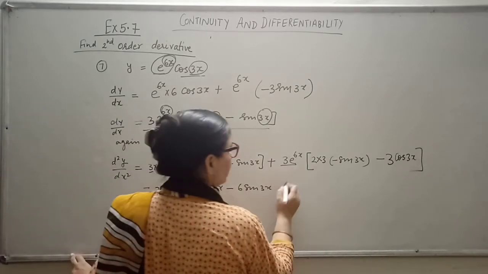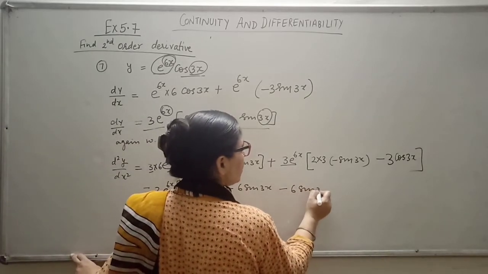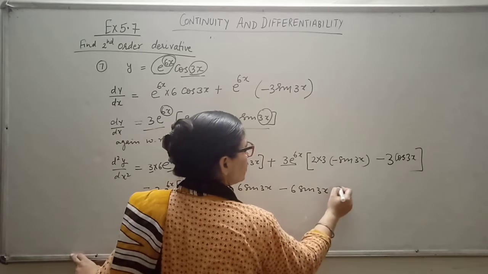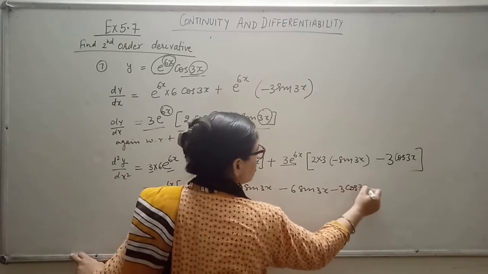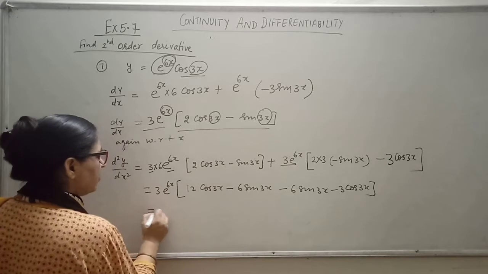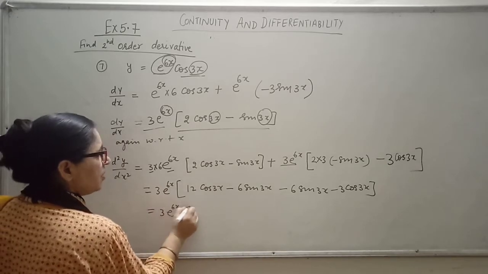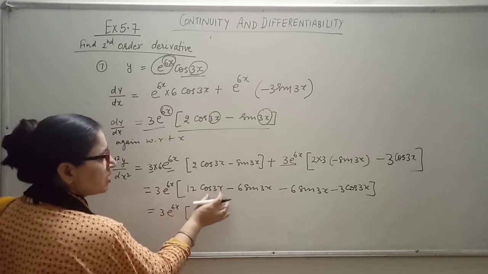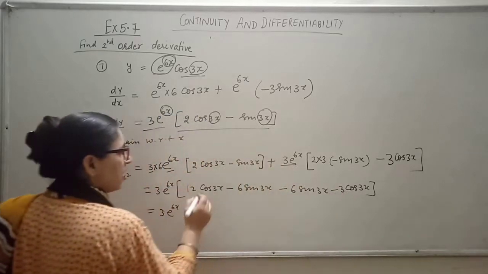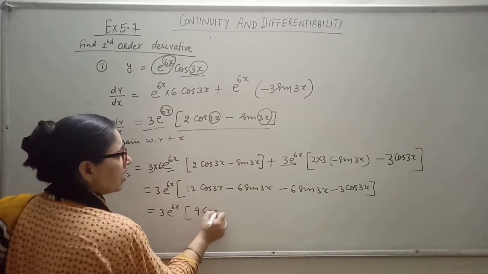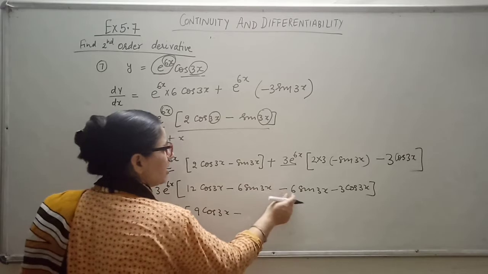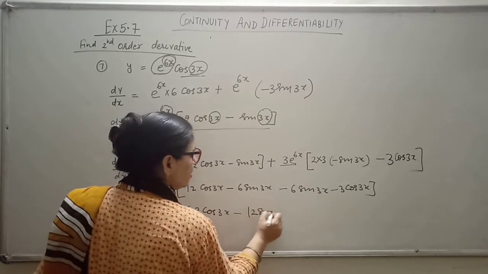So what is left here? Minus 6 sin 3x and minus 3 cos 3x. So what will be the final answer after this? After simplification, this is 12 cos 3x, this is minus 3 cos 3x, this is 9 cos 3x, and this is minus 6 minus 12 sin 3x.